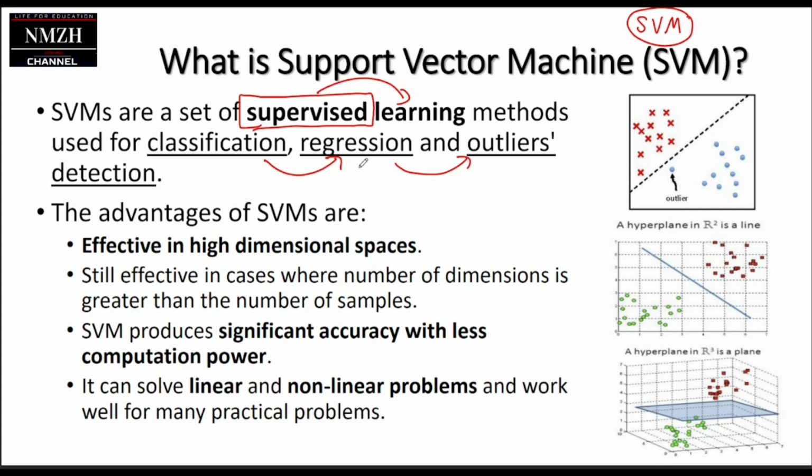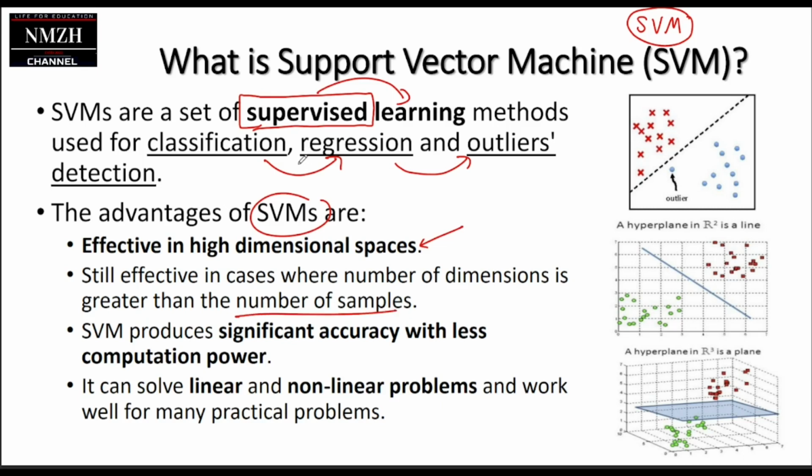That would be an interesting thing about SVM. Not to mention the advantages of SVM, there are several. It is effective in high dimensional spaces compared to regression. It is still effective in cases where the number of dimensions is greater than the number of samples. That would be the advantage.